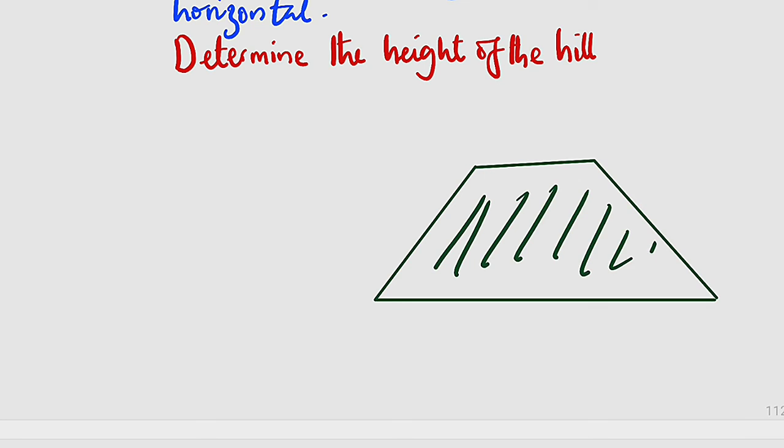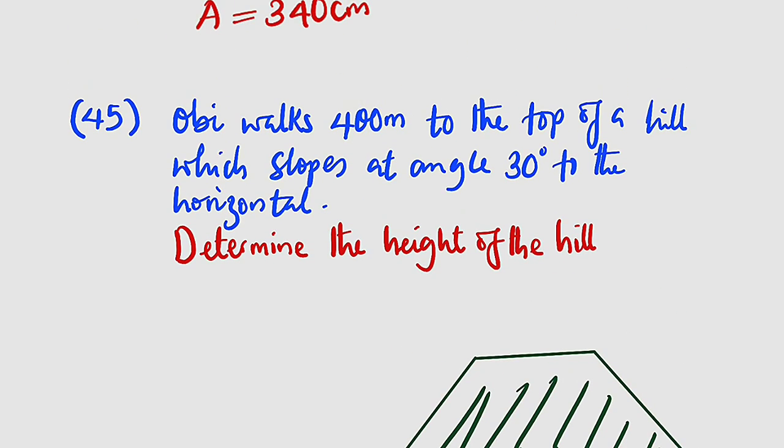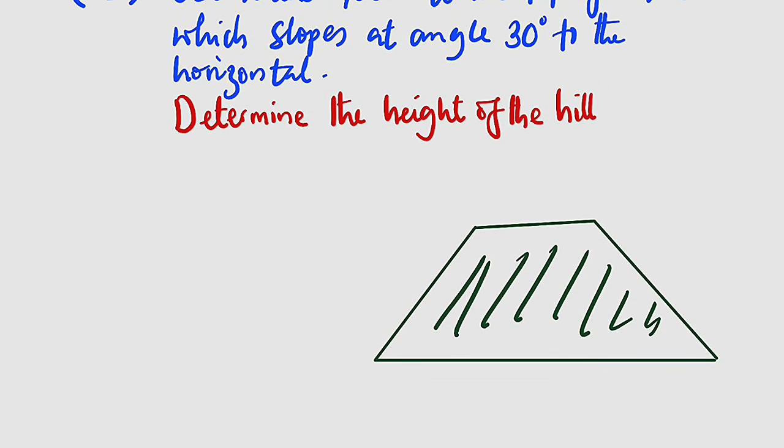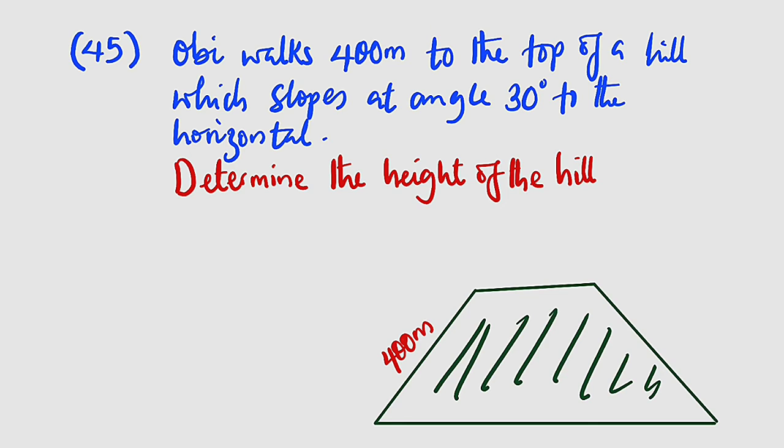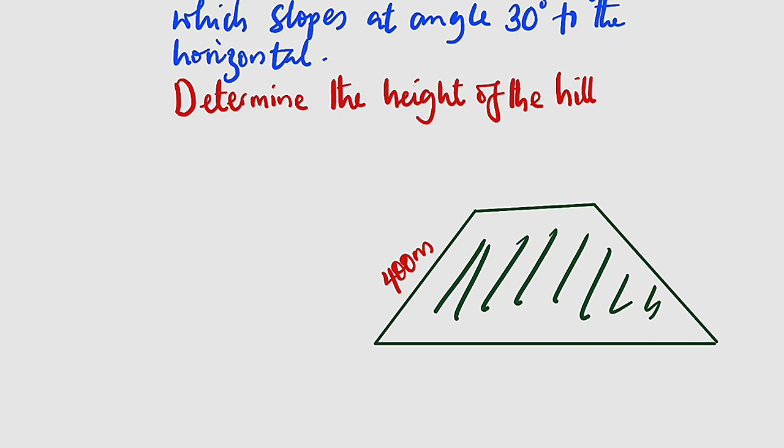He climbed the hill, which is 400 meters. So this is 400 meters, and which slopes at an angle of 30 degrees to the horizontal. So this is a horizontal line. So this is 30 degrees. And let me cut it like this.